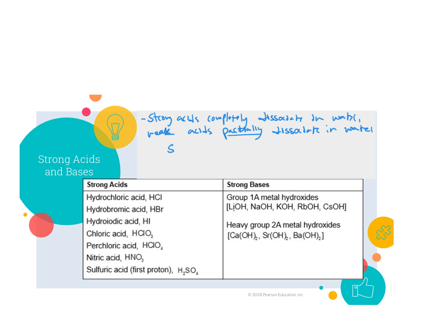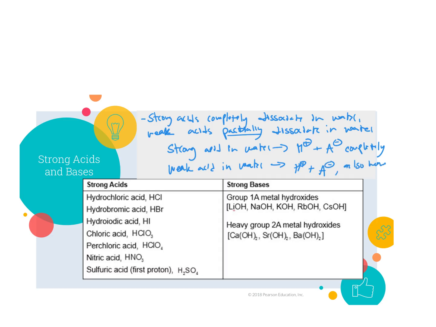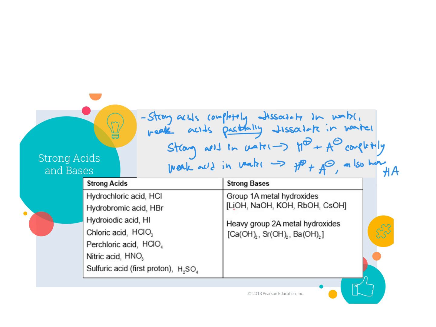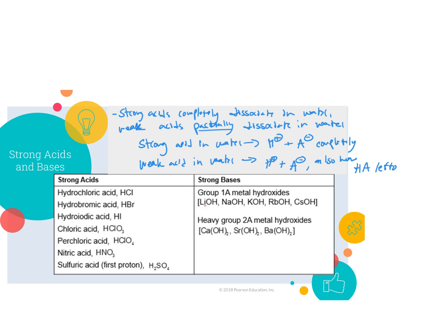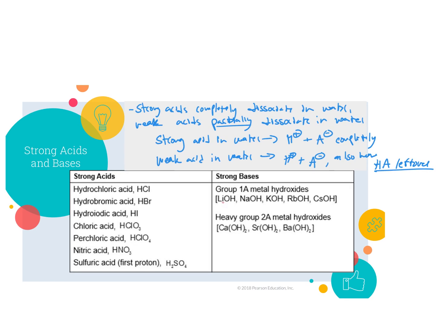By that, I mean once you put a strong acid in water, you get H plus and the conjugate base, A minus, completely. With a weak acid in water, you'll get H plus and A minus, but you will also have some HA left over. Some of that original acid is still left over for a weak acid.